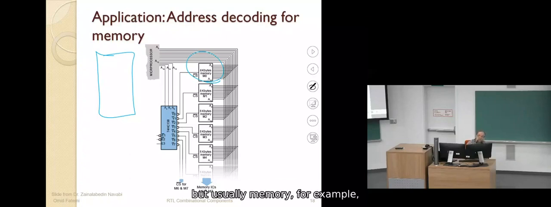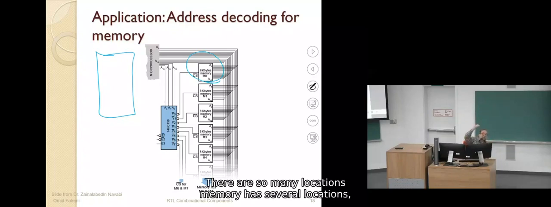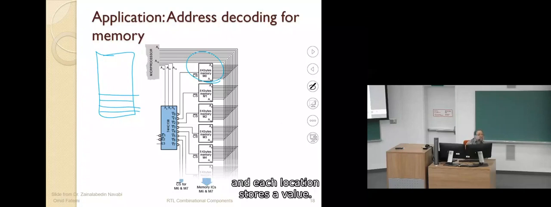value. But usually memory, for example, in your computer, you have memory of 1 gigabyte or 4 gigabytes. There are so many locations. So memory has several locations, and each location stores a value. For example, let's say this memory, which is, say, bytes, 8 kilobytes, it stores 1 byte at each location.